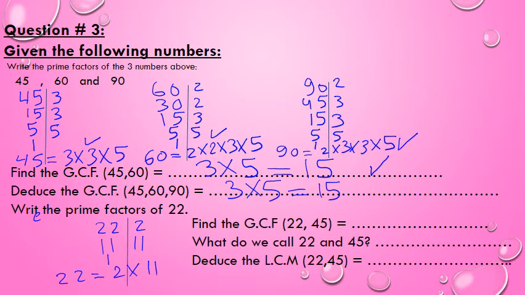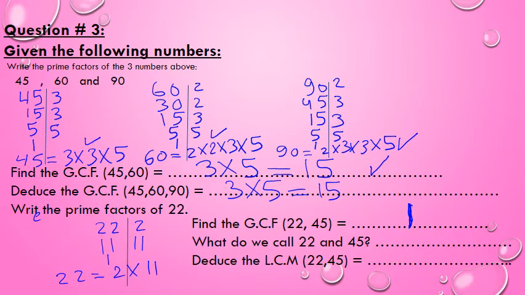Okay? Now we should find, Ali, the GCF of 22 and 45. We have nothing in common between 22 and 45 except 1. So 1 is the only common factor. It's the GCF of 22 and 45.